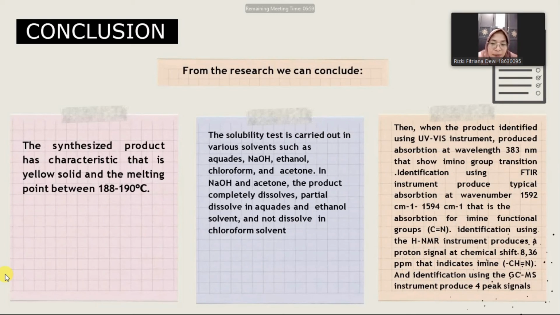That is the absorption for imine functional groups. Identification using the HNMR instrument produces a proton signal at chemical shift 8.36 ppm that indicates imine. And then the last identification using the GCMS instrument produces 4 peak signals.